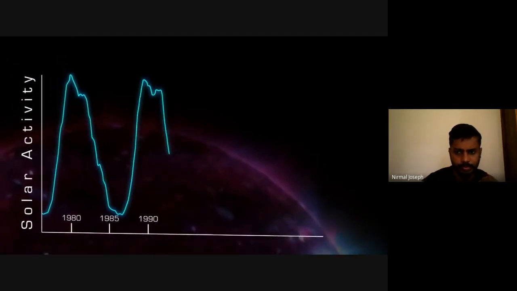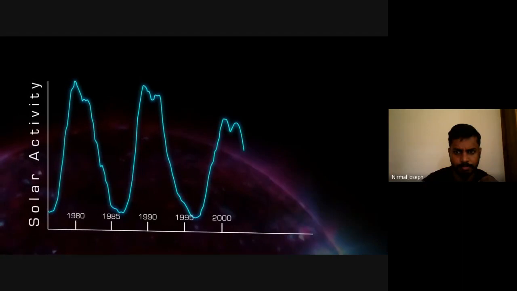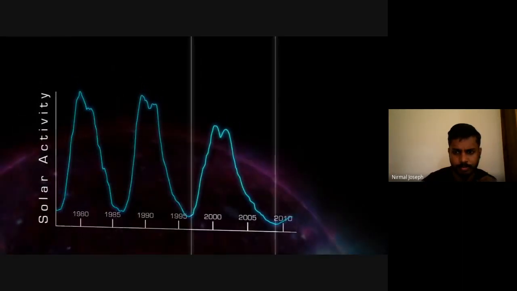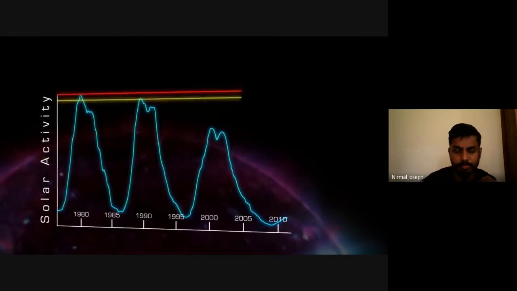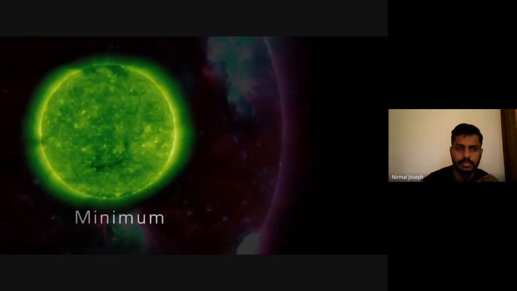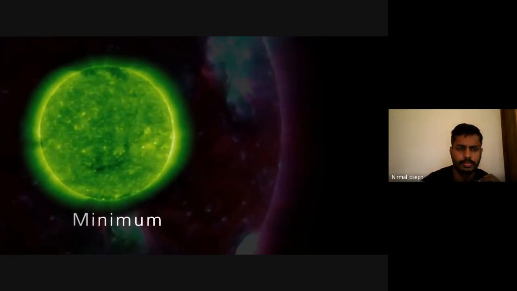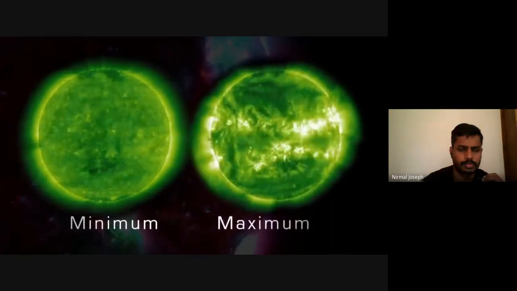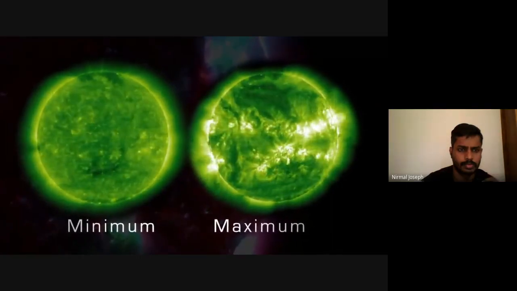This pattern is called the sunspot cycle, and a single cycle lasts for about 11 years, although it can be as short as 8 or as long as 14, and it can vary dramatically in intensity. During one cycle, the number of sunspots, a good indicator of solar activity, goes from low to high and back down to low. Solar minimum represents a period of time when sunspot numbers are relatively low, and solar maximum represents a period when sunspot numbers are relatively high.